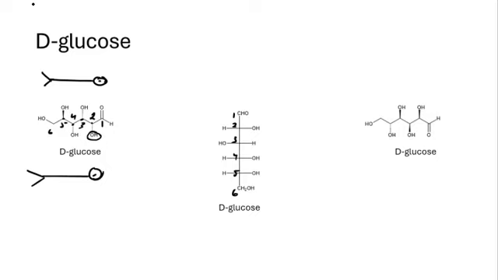Where is that dash? Wedges are coming out towards us, dashes are going away. So if I'm laying down here, the dash that's going behind the board is not the ear that's shown, which is my left ear, but my right ear, which is behind. So the second carbon on a Fischer projection, that dash is my right ear. It's going to be on the right side.